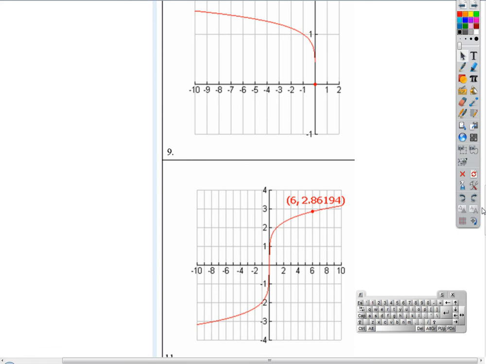Okay, there actually is a way on the calculator where you can ask it to draw the graph of it. I'll show you. You don't have to do this if you don't want to, but it's easy to do. And this is an easy way to get inverses.